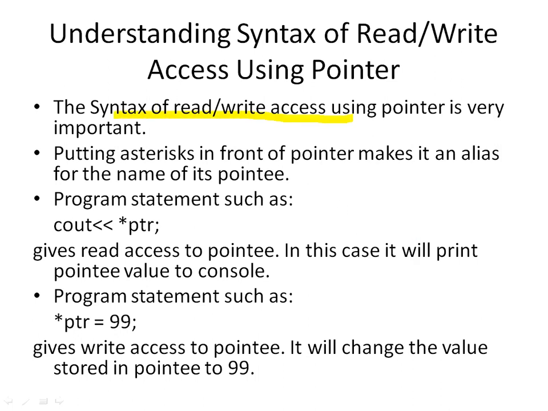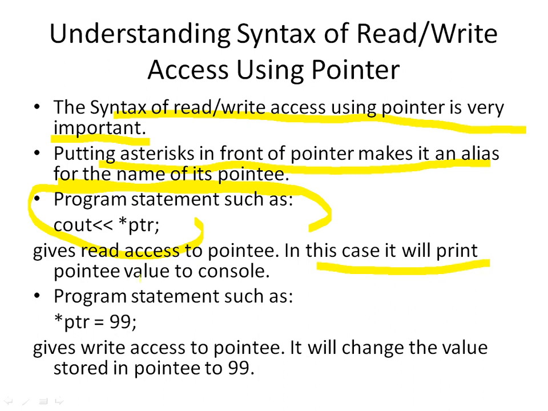The syntax of read and write access through a pointer is very important. Putting an asterisk in front of the pointer makes it an alias for the name of its pointee. Program statements such as this give read access to the pointee. In this case, it will print the pointee value to the console.